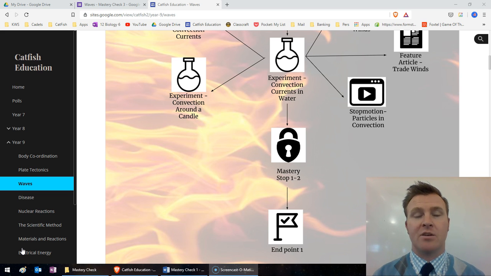What I've decided to do is make each of the little mastery steps or mastery checks out of 9, and they need 7 or more to display mastery. Now the first thing here is trying to get out of the language that they generally use, whether they pass or fail, because of the negative connotations that come with that.